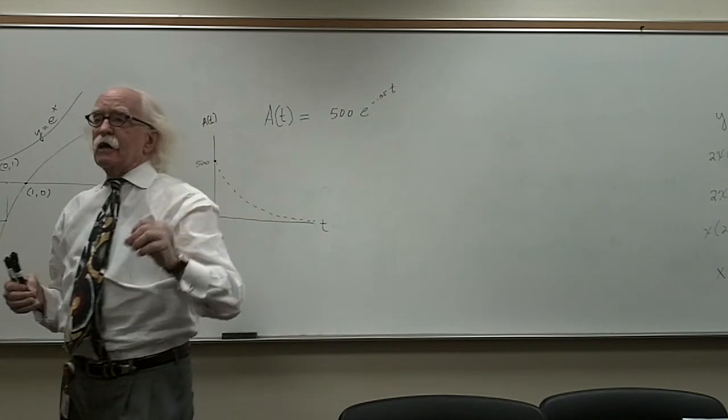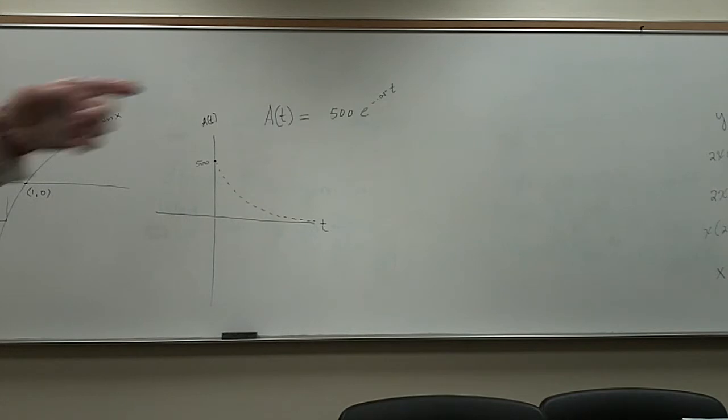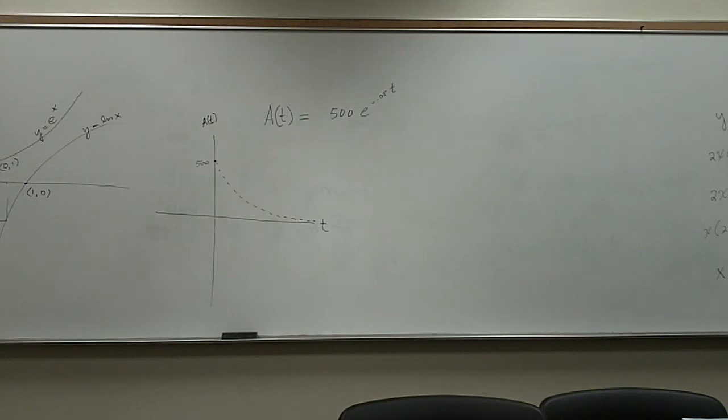If this rate of decay is measured in minutes, then the time will be in minutes. If the rate of decay is measured in 5% per week or 5% per day, then the time will be in days. If that's 5% per second, then the time will certainly be in seconds.